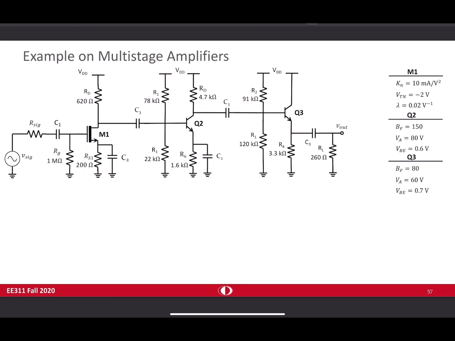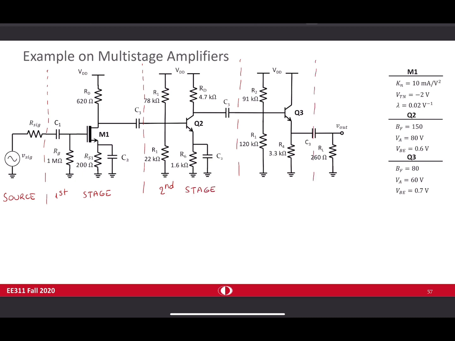So when you take a look at the stages, of course, this is our source. This is the first stage. This is the second stage.